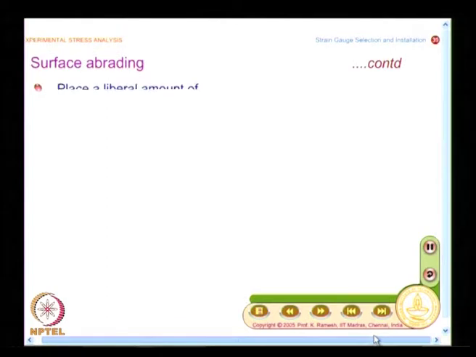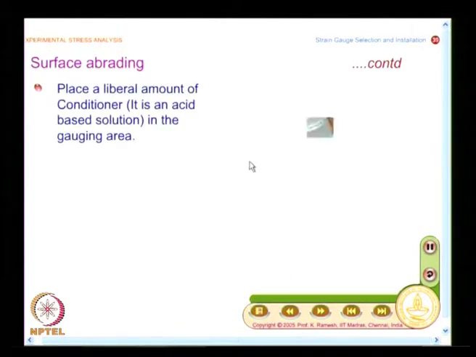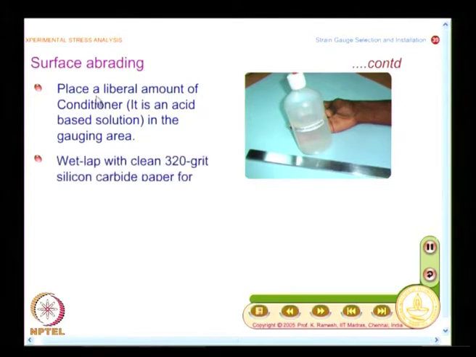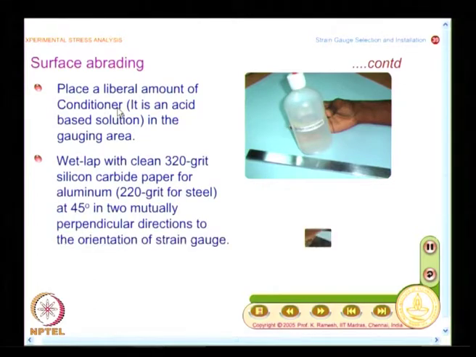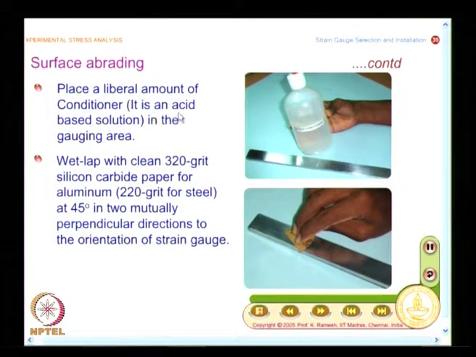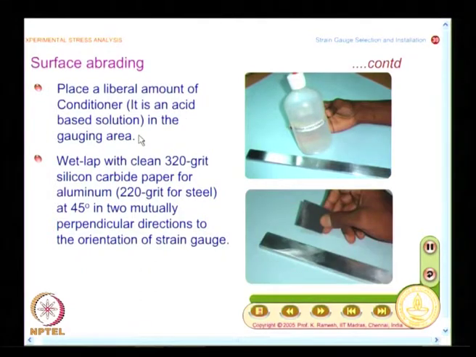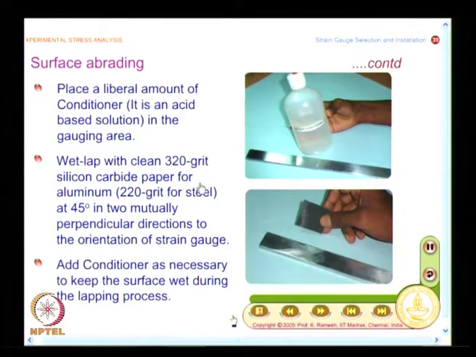And when you do this, you need to have a wet lapping process. So, you need to put a liberal amount of conditioner, which is an acid based solution, in the gauging area. And here you are not testing your muscle power and rubbing the surface with full force, that is not what is anticipated.